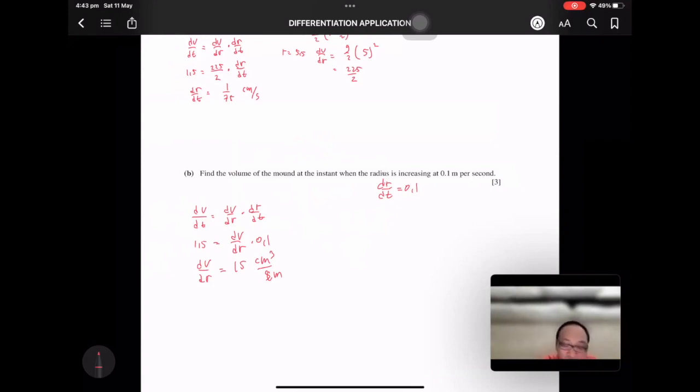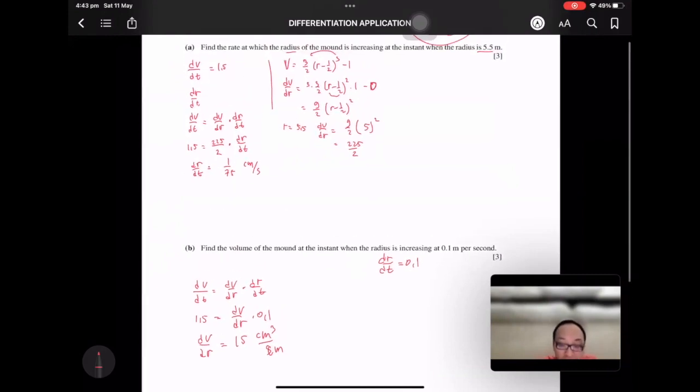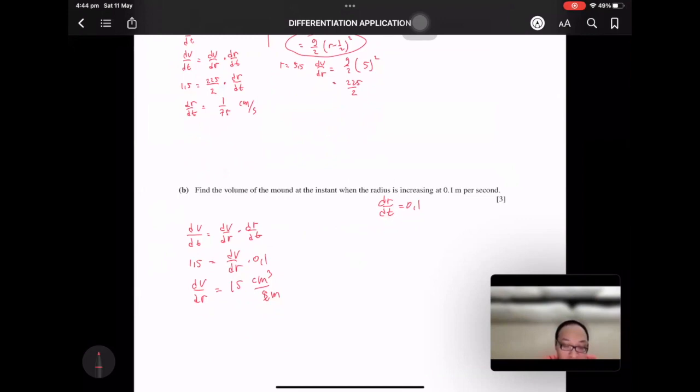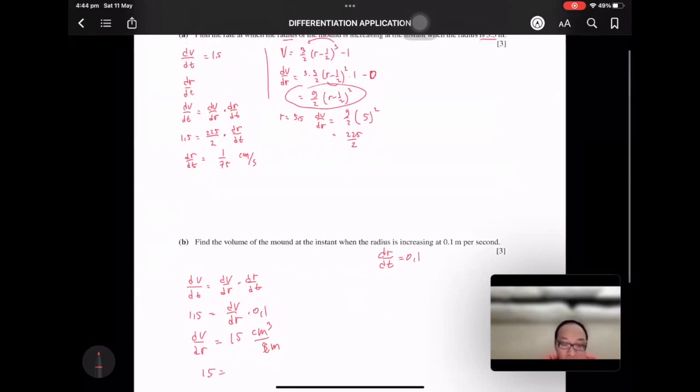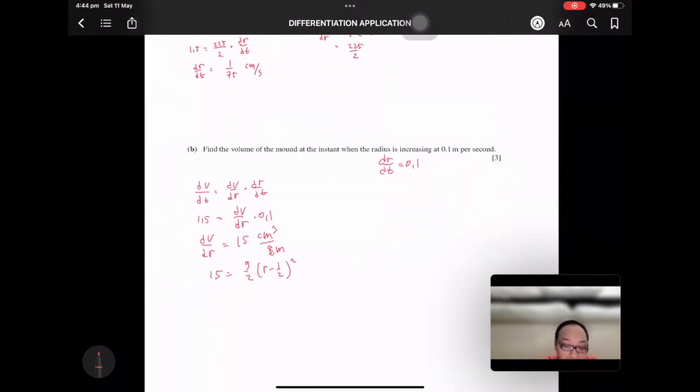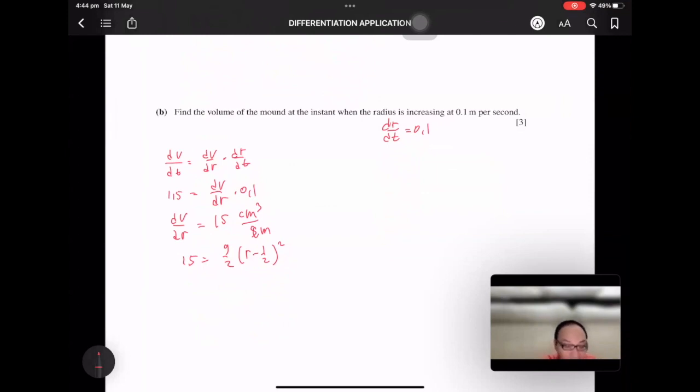Now we know the dV/dr. So we can use the first derivative here. 15 equals 9 over 2 (r minus half) squared. So 15 divided by 9 over 2 equals 10 over 3. 10 over 3 equals (r minus half) squared.